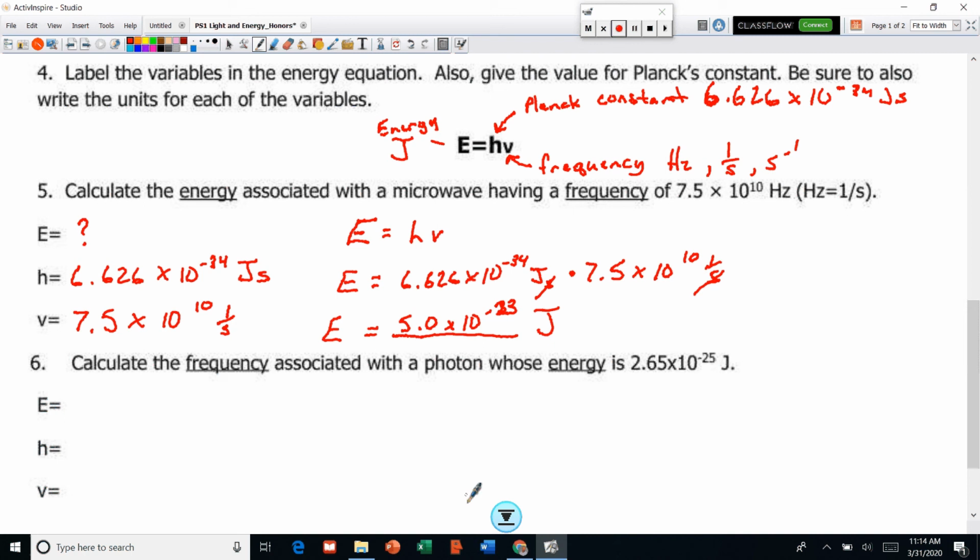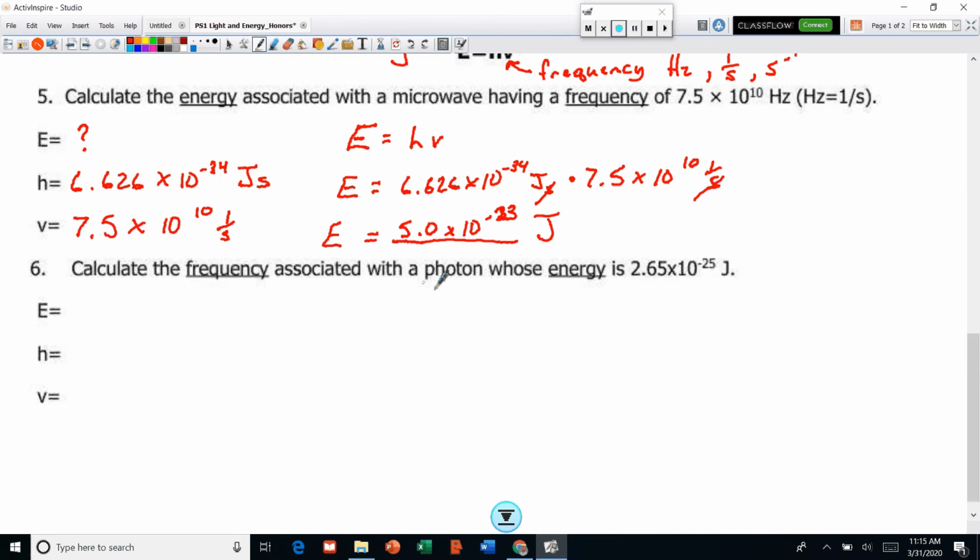Now, this doesn't seem like a lot of energy, but if it continued over a long period of time, it will become a large amount of energy. All right. On this one, it says calculate the frequency.